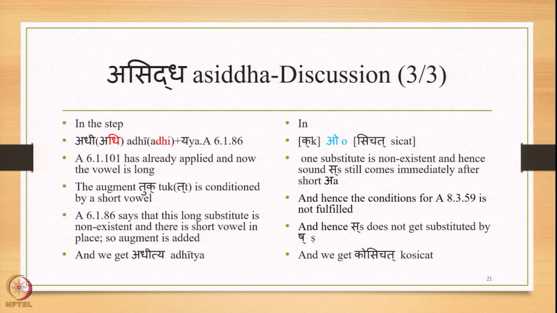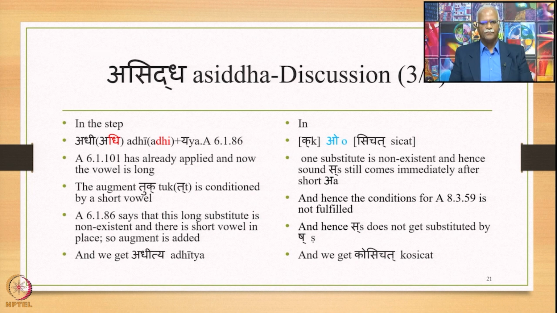Now in the step adhi plus year, 6186 comes into play and says that even though the long substitute has already taken place, consider it as non-existent, and there is short vowel in place, so the augment is then added and we get the form adhitya.